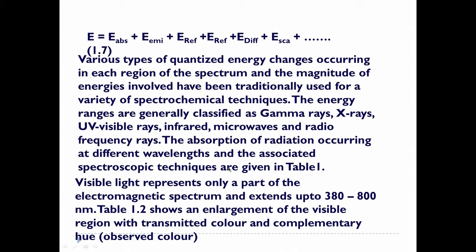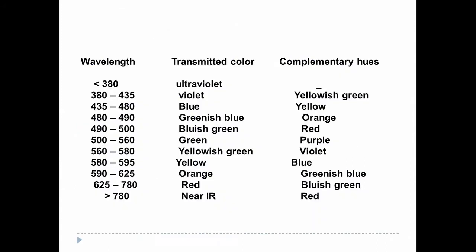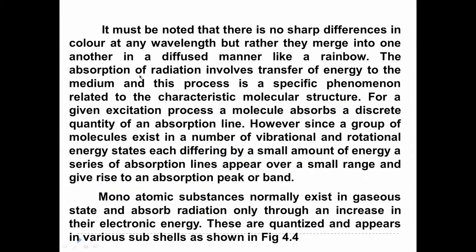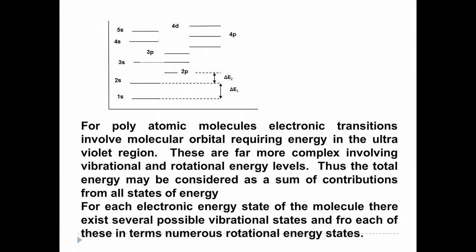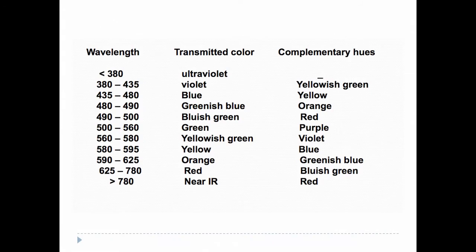Okay. So, you can see that I am going to the table right now. This is the table of the visible range. Here you can see I have put wavelength on the left side, transmitted color and complementary hue.